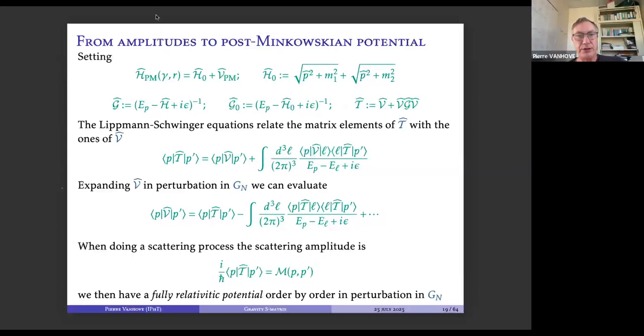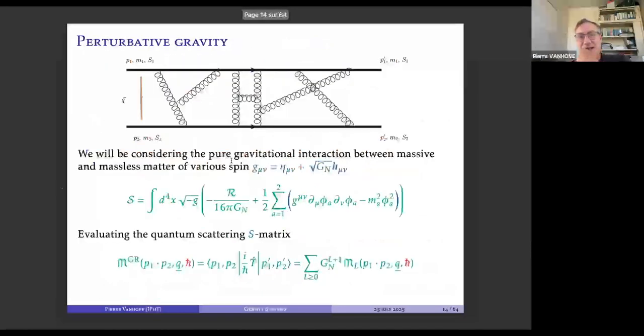Is there another question? There's a question, so I'm trying to read it, in the context of perturbative gravity. Right, so this is the quantization of the fluctuation of the massless spin 2.